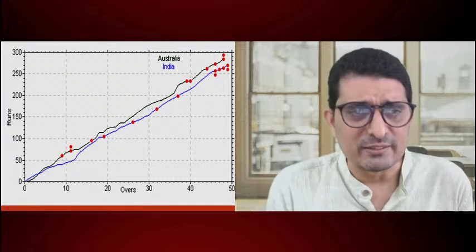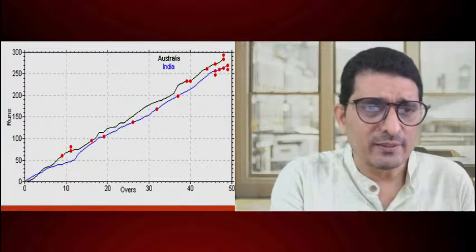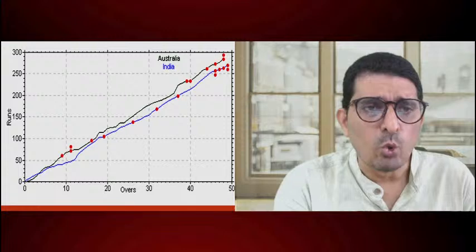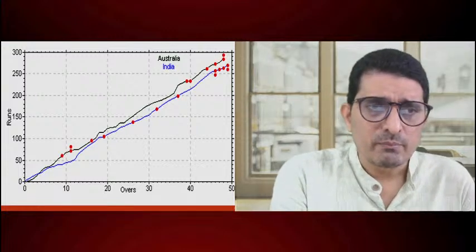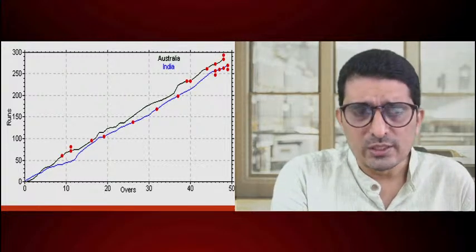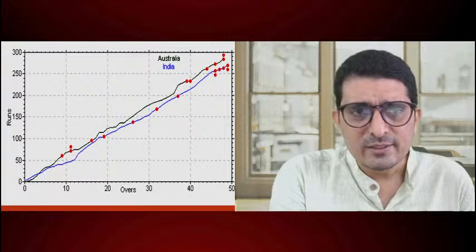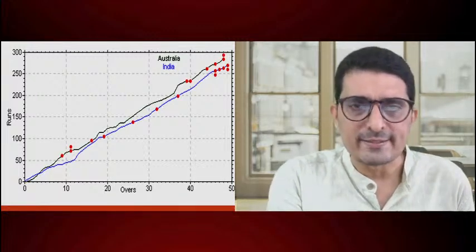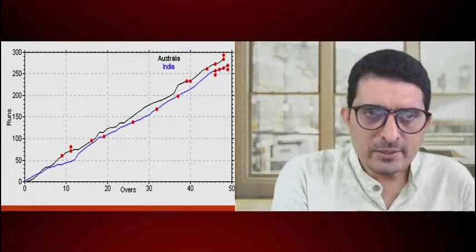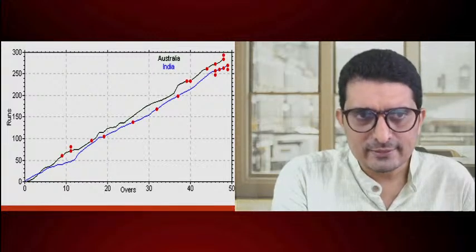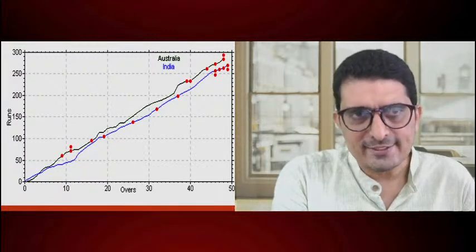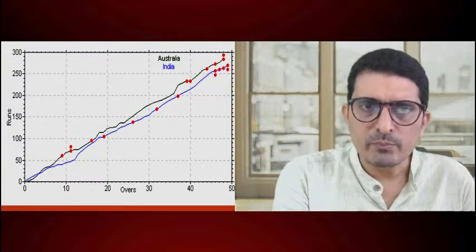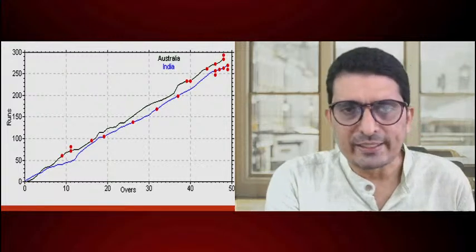You can see after 10 overs, India scored just 50 runs, but without any wicket. But Australia scored about 80 runs but lost 3 wickets.